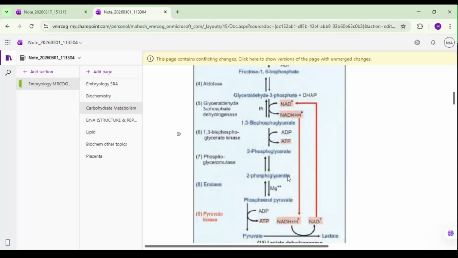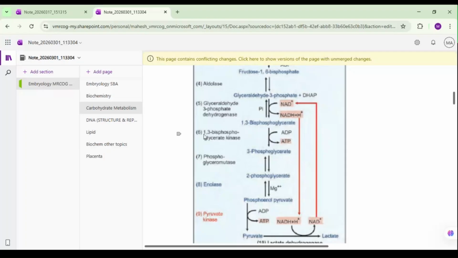Okay, so this gets nullified. This happens under anaerobic conditions. Pyruvate is getting converted into lactate under the anaerobic condition. While under the aerobic condition, this can enter into the Krebs cycle, or the TCA cycle.